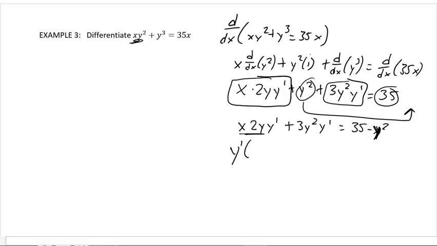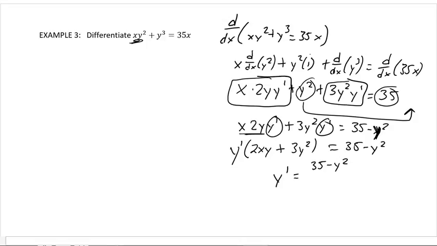All I did was factor out the y prime that's in both of those terms, equals 35 minus y squared, and then divide 35 minus y squared by 2xy plus 3y squared. That is our derivative.